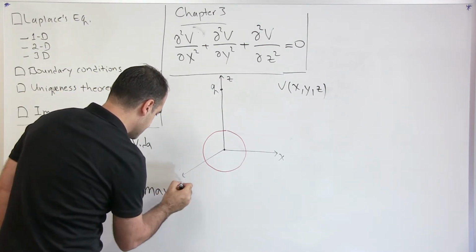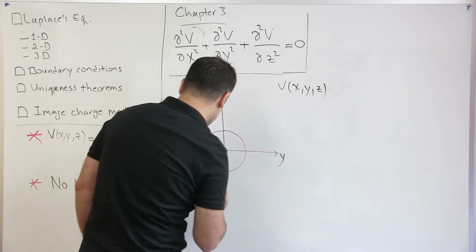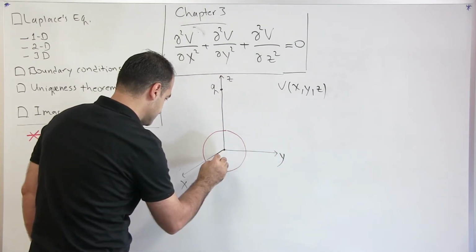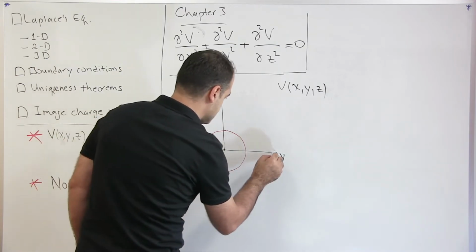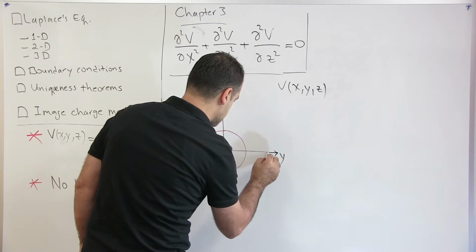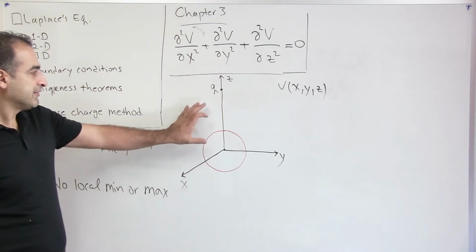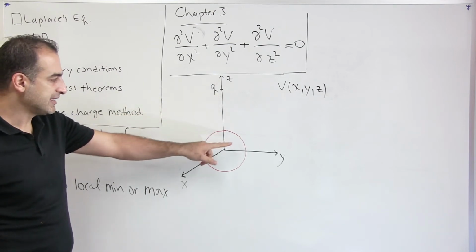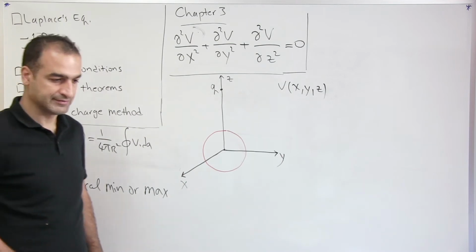This should be X, this should be Y. We know what kind of electric potential we have from this, and we can look at the value here, and also we can look at the value on the surface.